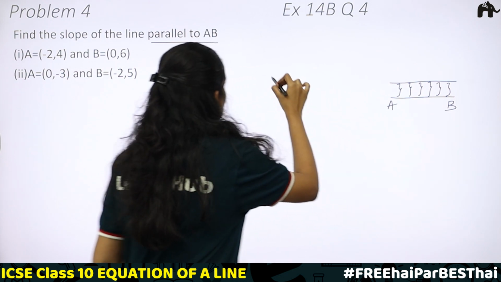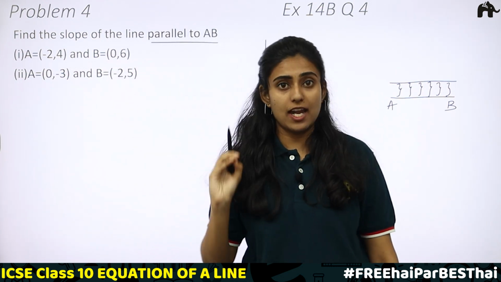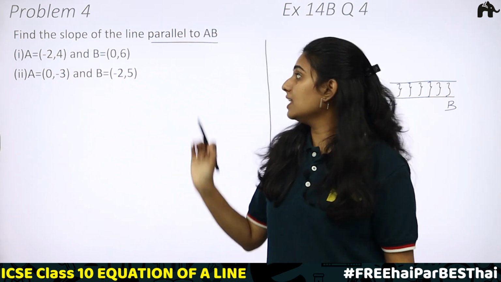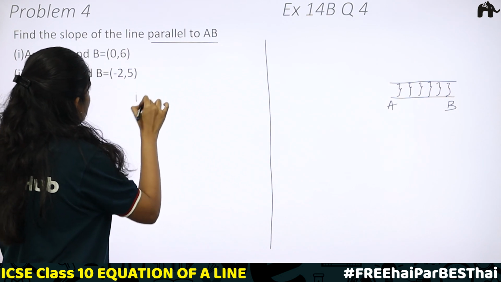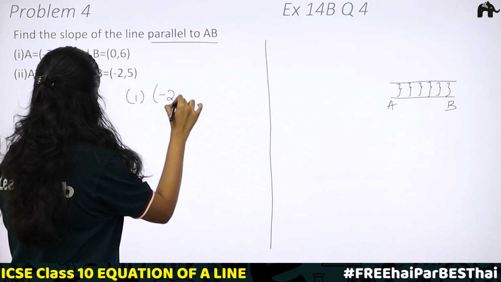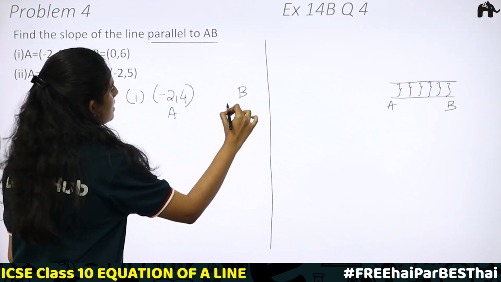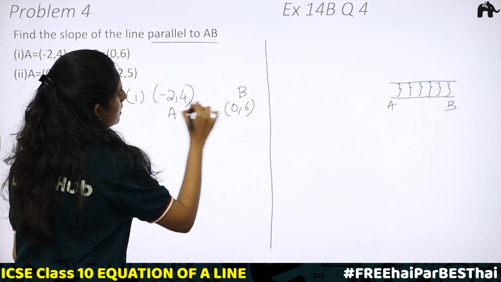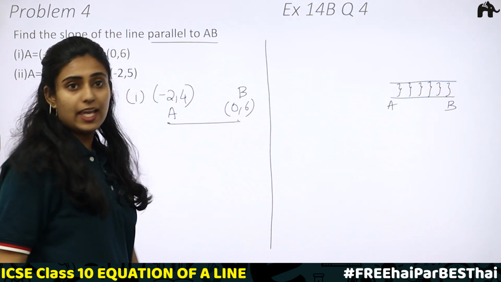Okay. Now, to get the slope of a line that is parallel to AB, we just need to find the slope of AB. For the first question, we have points -2, 4 is A and B is 0, 6. So, this is a line that is AB.